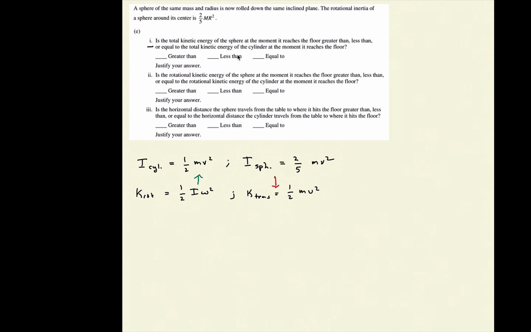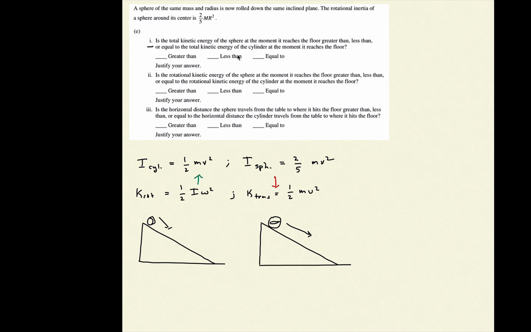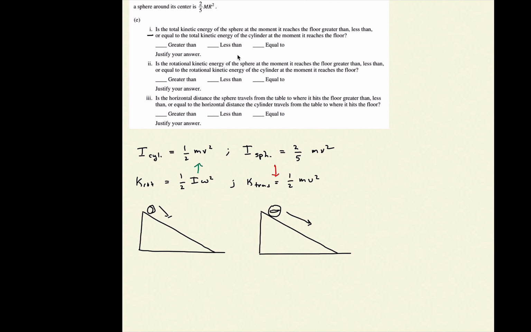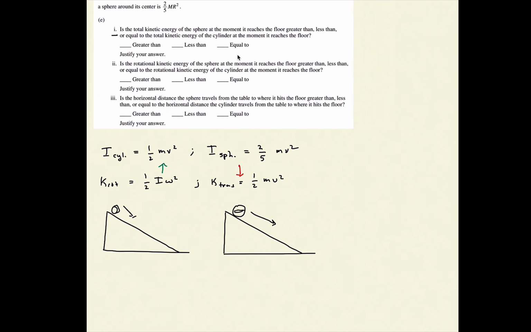Well, both start at the same height, and both end at the same height. They both end at height 0, and they both start at the height of the table plus the height of the incline. Well, if they both start and end at the same height, then they have the same change in potential energy. That means they also have the same change in kinetic energy.